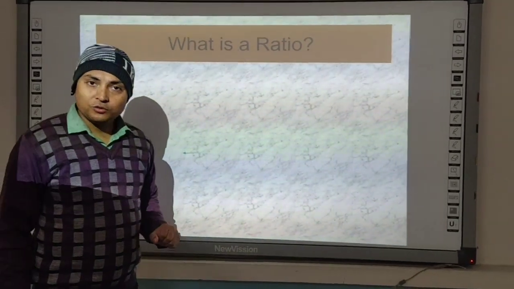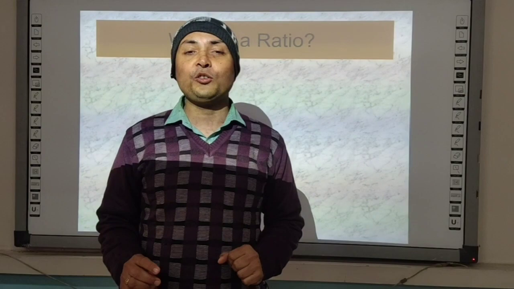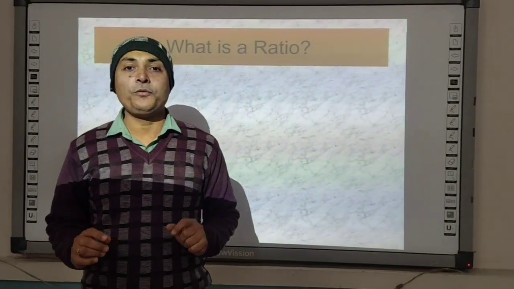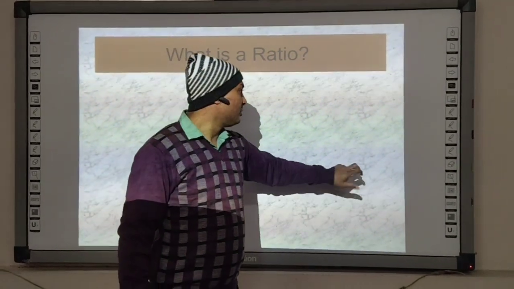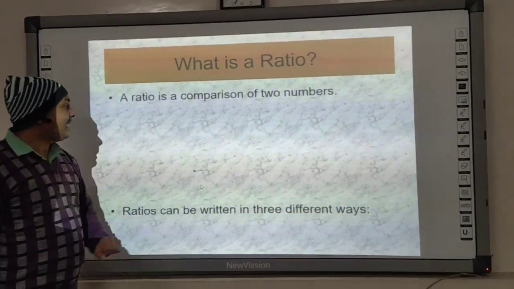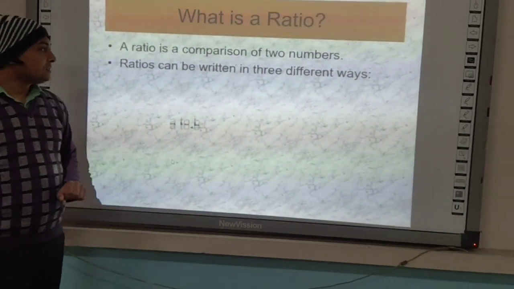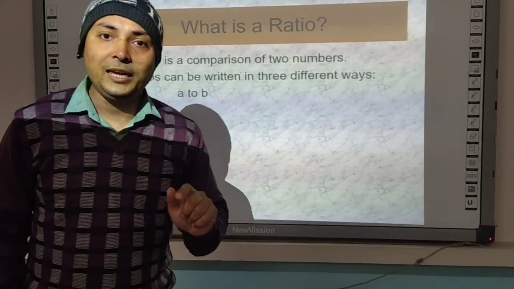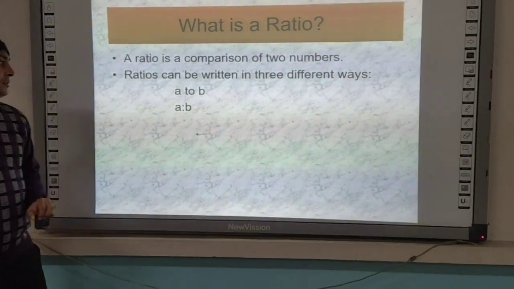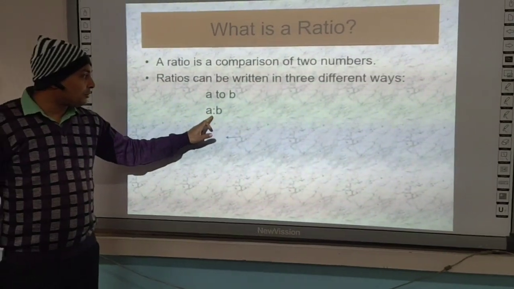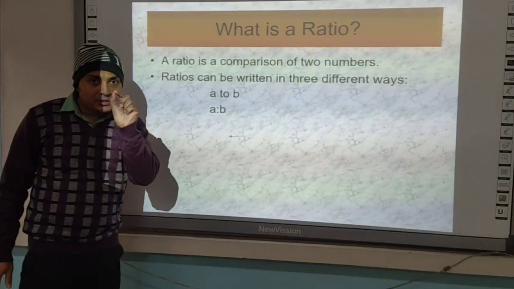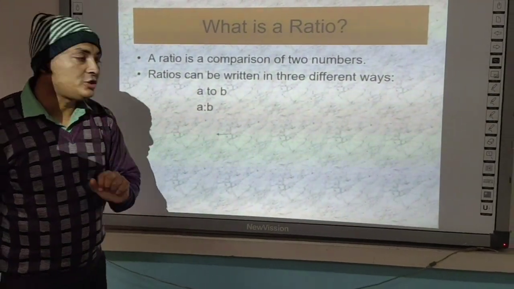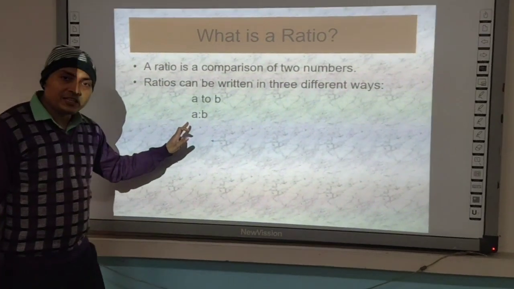What is a ratio? Ratio is a comparison of two quantities. So we are taking two quantities A and B. Do you know about this sign? Two points. This is the sign of the ratio. So how do we read it?